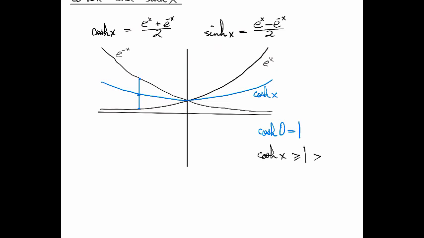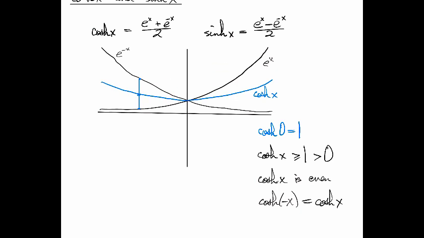So in particular, it's always strictly positive. And also, cosh is an even function. So cosh of minus x is equal to cosh x. So in other words, it's symmetric. If you were to reflect it across the vertical axis here, you have the same values at either point.